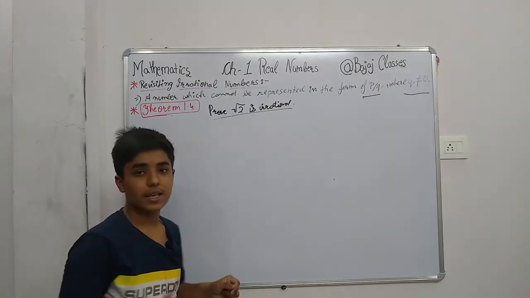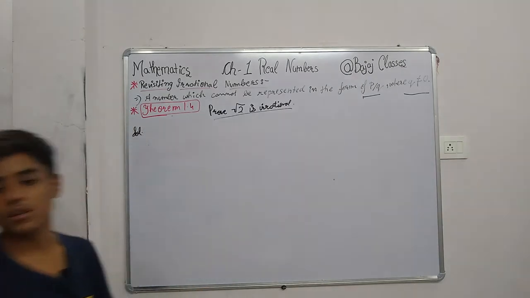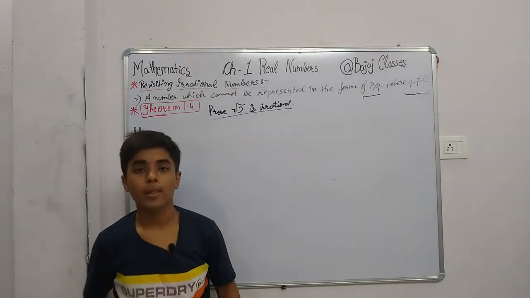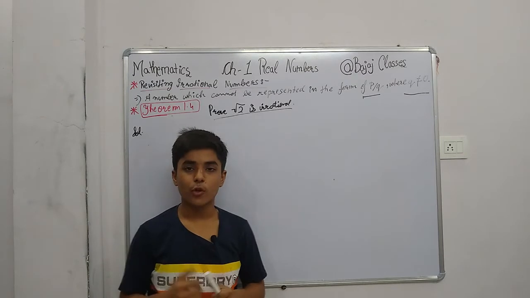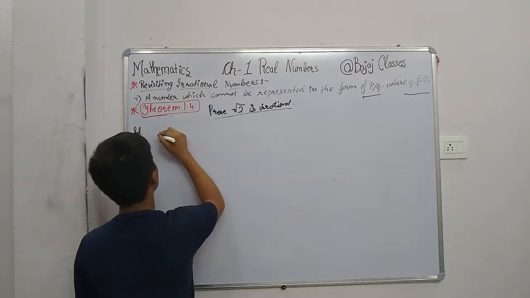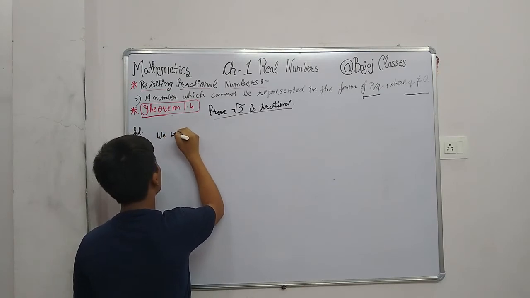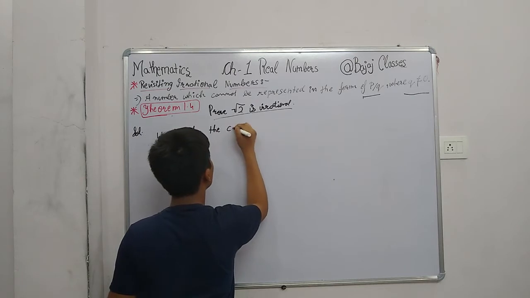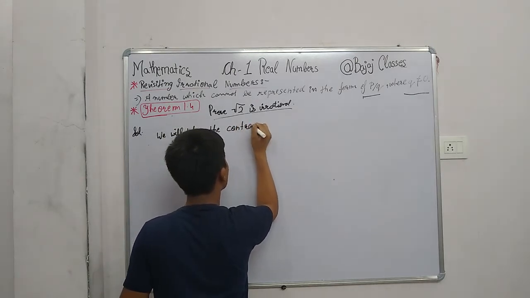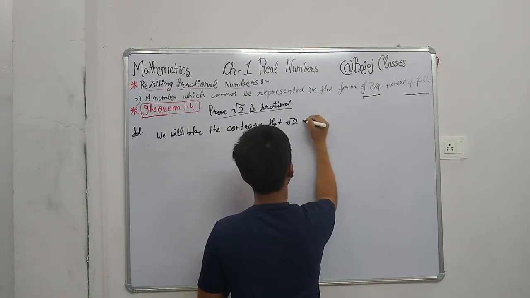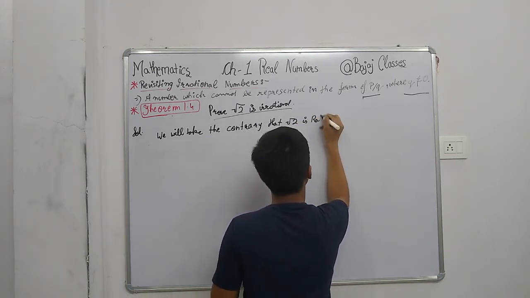So in this case, we will take the contrary that under root 2 is rational.